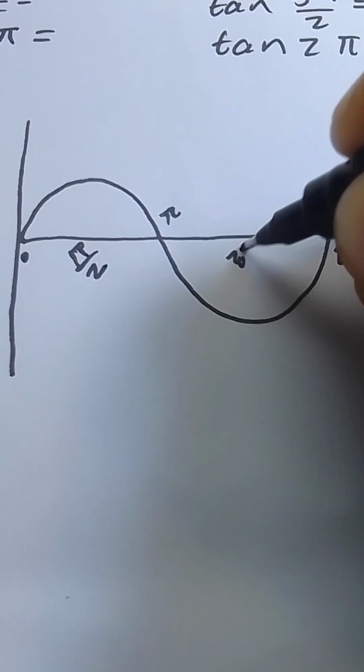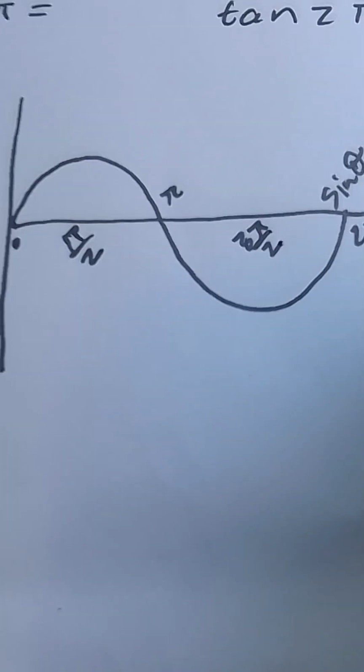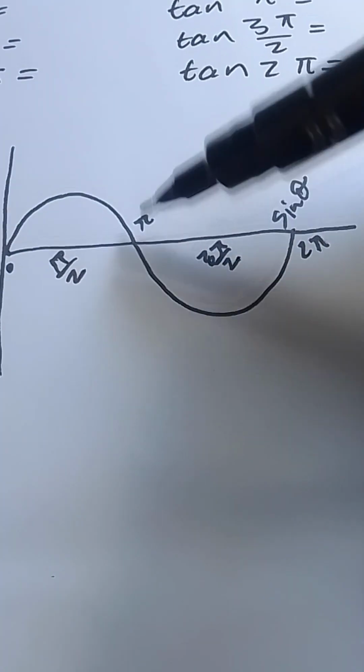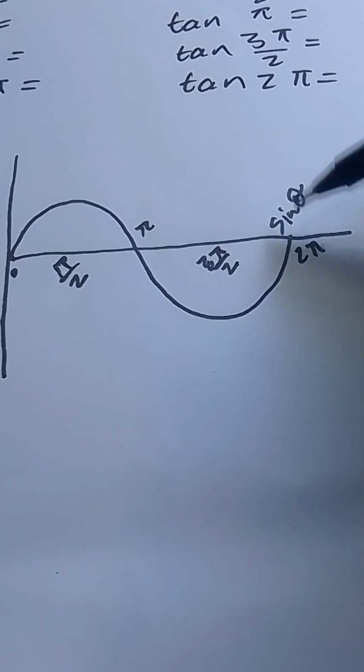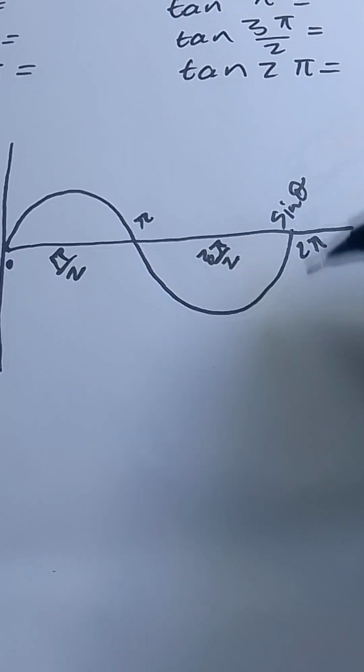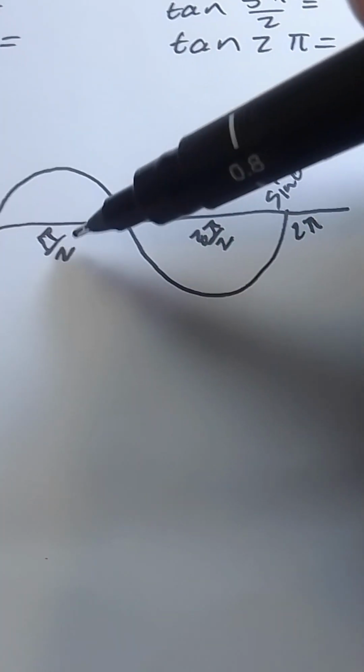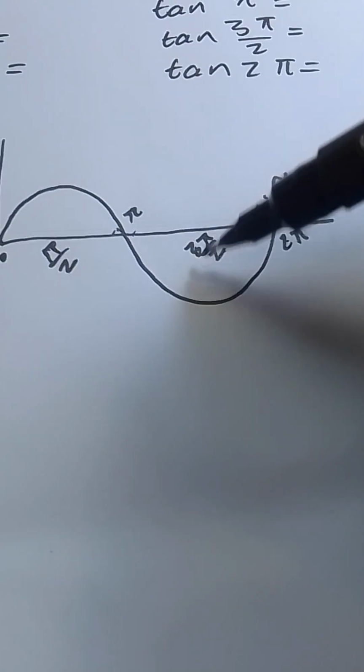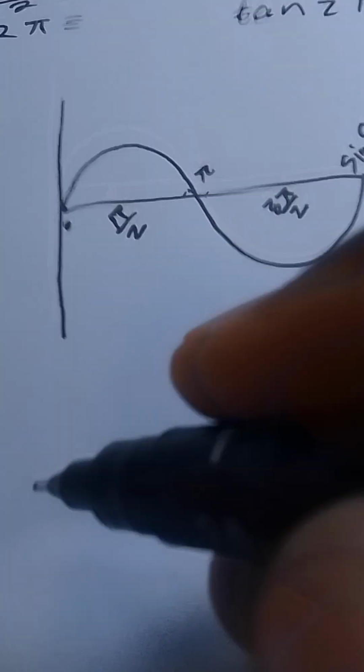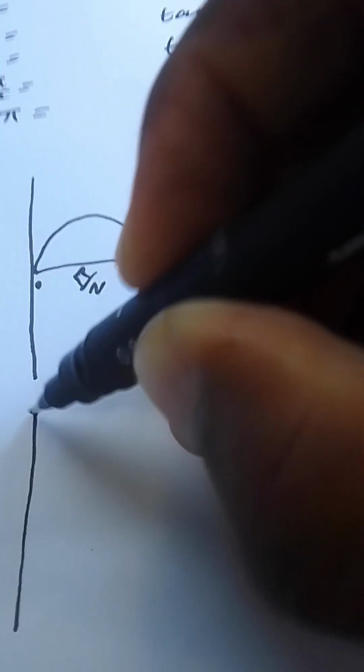This is 3 pi by 2. Halfway is pi because the end is 2 pi. Half of this should be this. Then the average of this should be this. And then we also have the cosine graph.